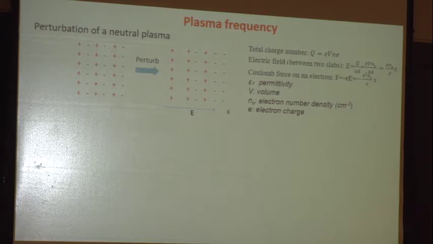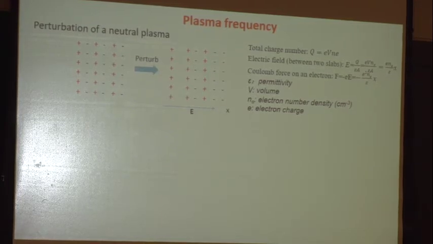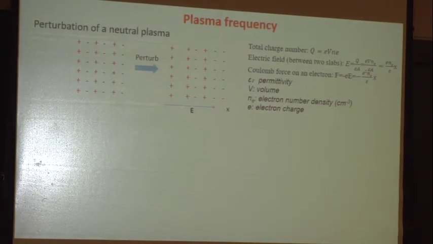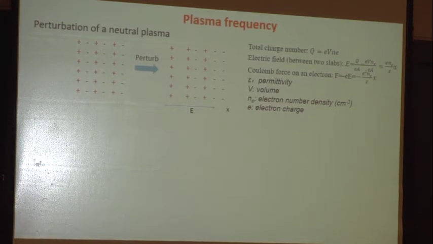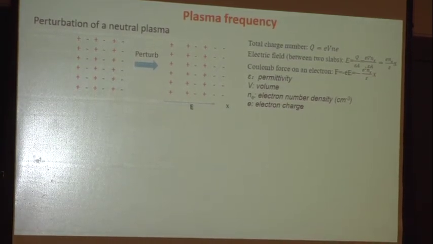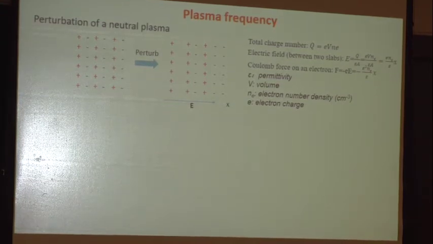But if your electric field is very, very fast, like a microwave, the ions cannot catch up with the frequency change of the microwave. Then the energy you put in will be either directly transmitted or directly reflected, because they cannot respond to the frequency.